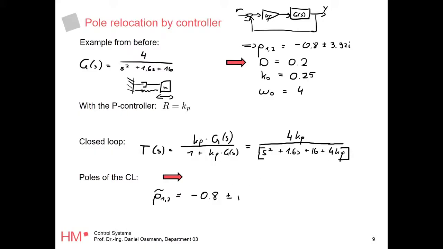You end up with an equation which looks like this. Minus 15.36 minus 4Kp. Okay, so far so good. So these are the poles depending on Kp, right? You can put in for Kp anything and some poles will result in the closed loop.